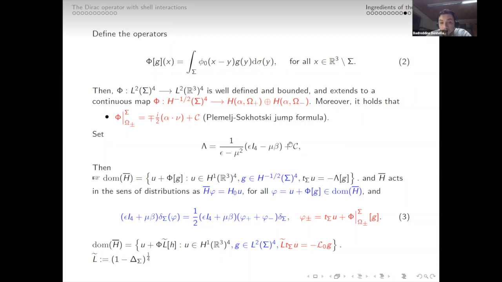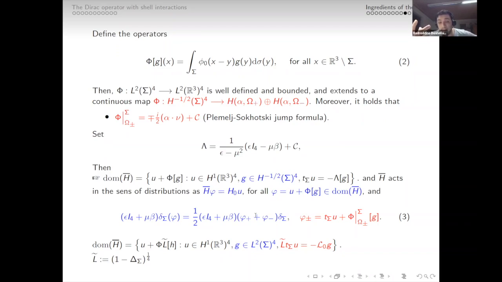And one can also, for example, instead of taking phi of 0, take phi of lambda and then change a bit this function on this domain, and we will get all those L lambda operators. So this is in fact the link.